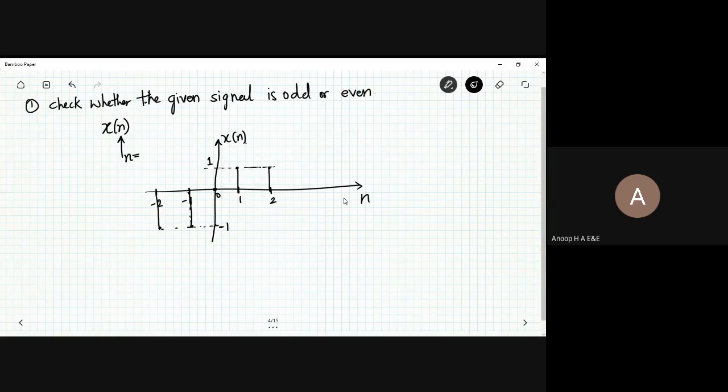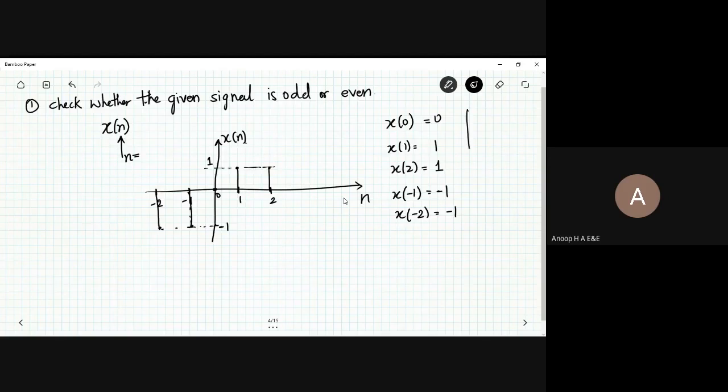Okay, 1 and -1. So I need to verify whether the given signal is odd or even. Okay, what is the condition for an even signal or odd signal? You need to remember it, and then you have to prove whether it is an odd signal or an even signal. Okay, so x of 0, what's the value here? 0. x of 1 is 1. x of 2 is equal to 1 here. x of -1 is equal to -1. x of -2 is equal to -1.